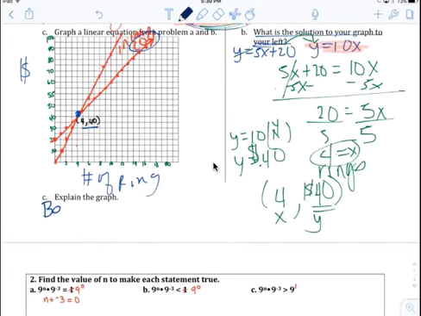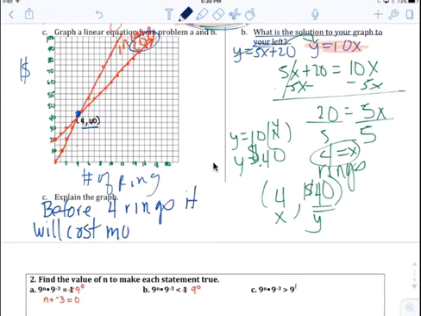Say before 4 rings, it will cost more than you make. After 4, then we're good. You'll make more than it costs after 4 rings.